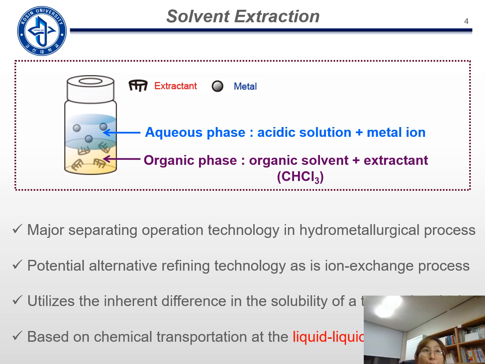In general, solvent extraction processes utilize the inherent difference in the solubility of a target chemical in aqueous and organic phases. And one of the most important factors in metal extraction is the selectivity of the extractant towards certain target metal ions.